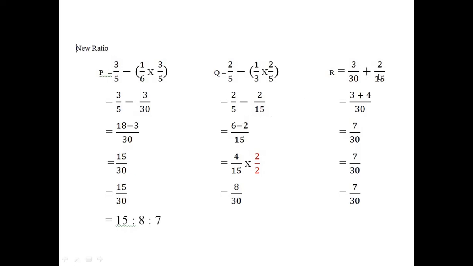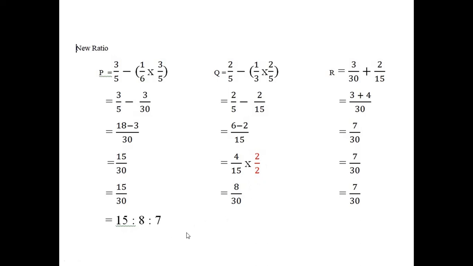This will be given to R. So we do the calculation and we get the new ratio, that is 15:8:7. You can see here that we have multiplied this 4/15 with 2 so that all the denominators can be the same.